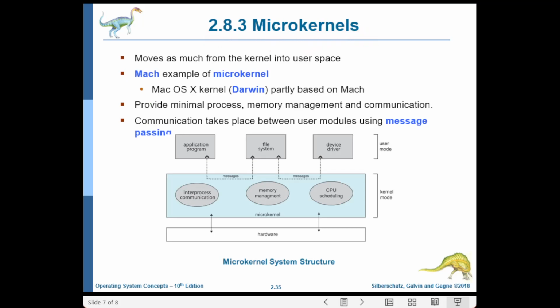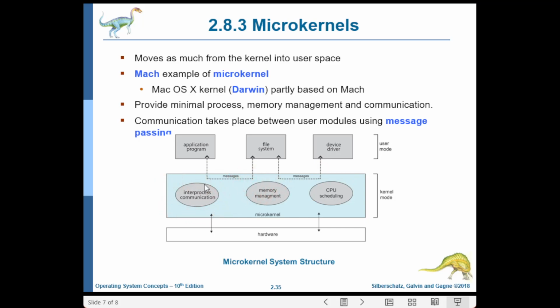The third structure is microkernels. In microkernels, as much as possible is moved from the kernel into user space. An example of a microkernel is Mach OS. Another one is the Mac OS kernel, known as Darwin, which is partly based on Mach. The microkernel provides minimal process management, memory management, and also IPC.